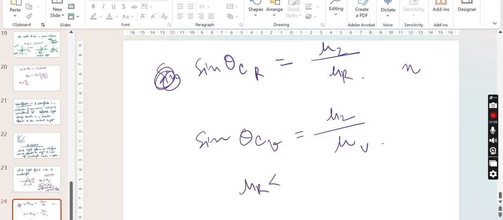We know mu r is less than mu v. So theta c r is greater than theta c v. The critical angle for red is greater than violet.